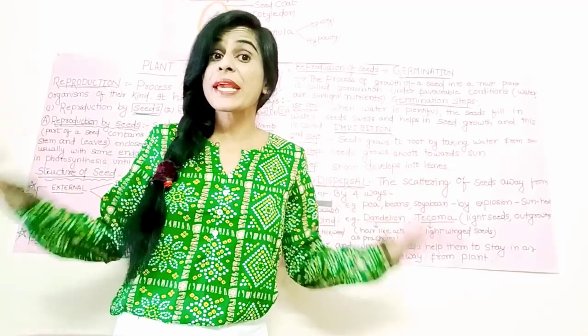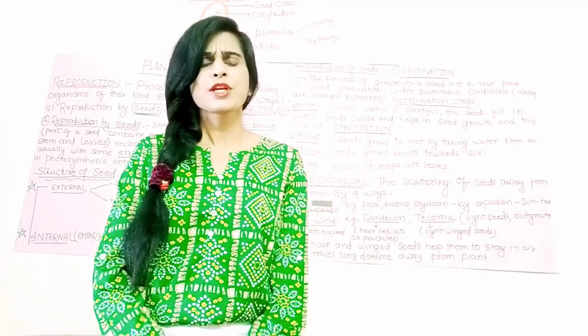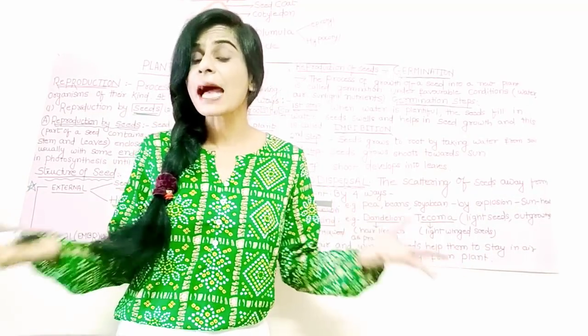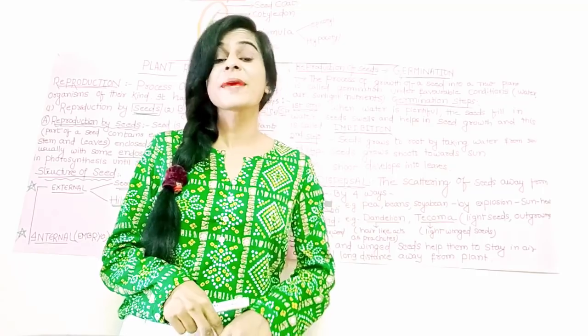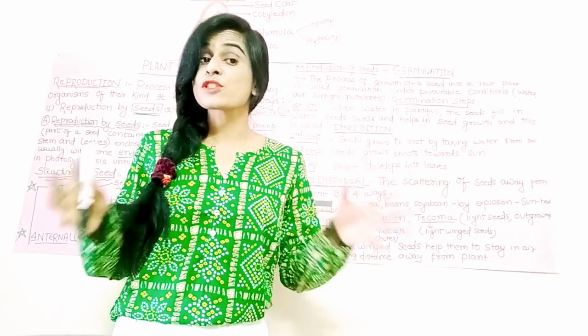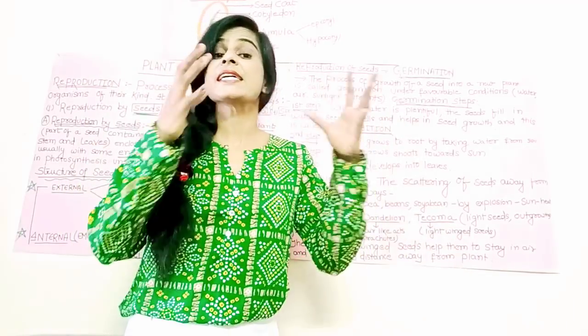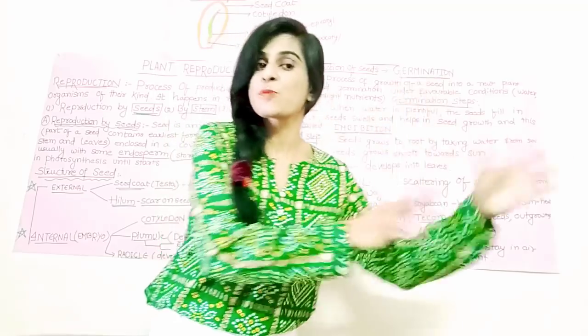How do we get so many of a particular species? This is all because of reproduction. We are getting an increased number of a particular species because of reproduction.